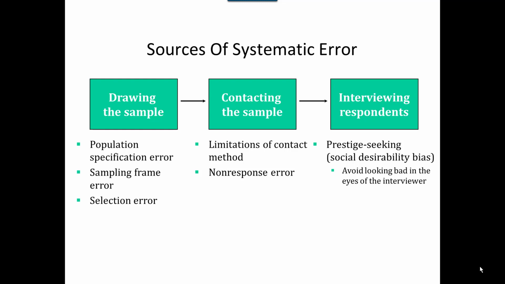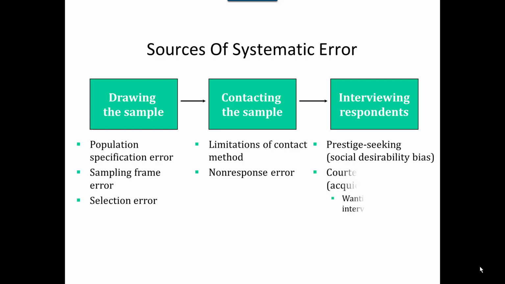The idea is that people are extremely reluctant to expose themselves to the risk of humiliation or shame, and so will often lie to avoid the risk. This type of error is likely to be greater to the extent that the interviewer is seen by the respondent as socially superior or different. For example, it is generally not a good idea to send male interviewers to interview female respondents and vice versa.